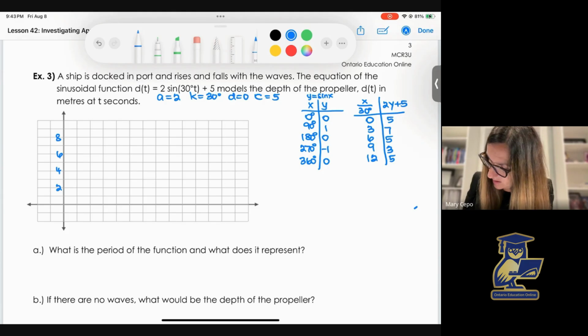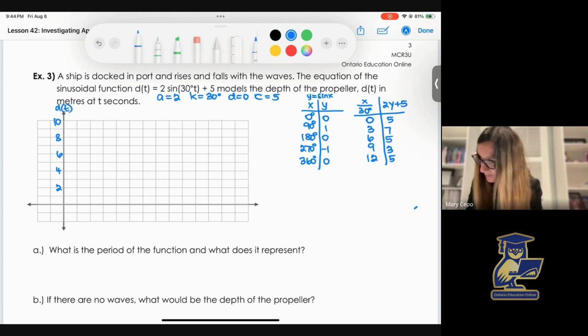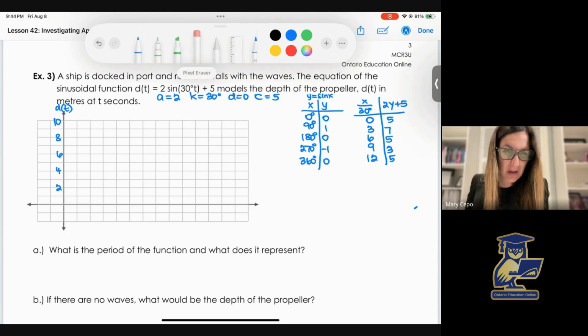So plotting that, we'd have 2, 6, 8, 10, and we know that's going to be d at t. The scale is all the way up to 12, so I think going up by ones would work.